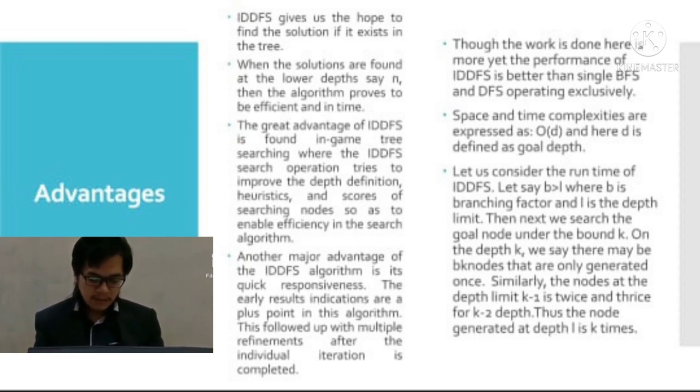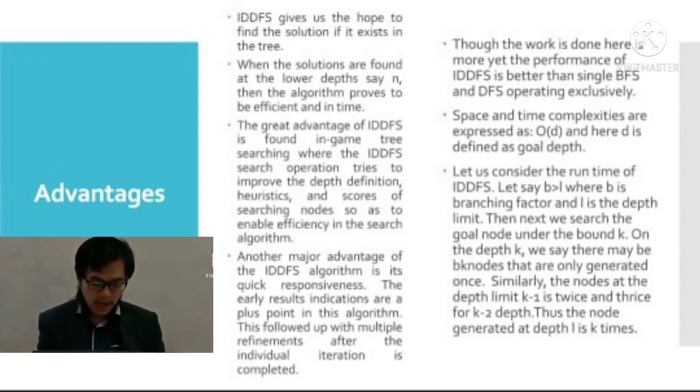Let's say b to the power of d, where b is the branching factor and d is the depth limit. Then next we search the goal node under the bound k.